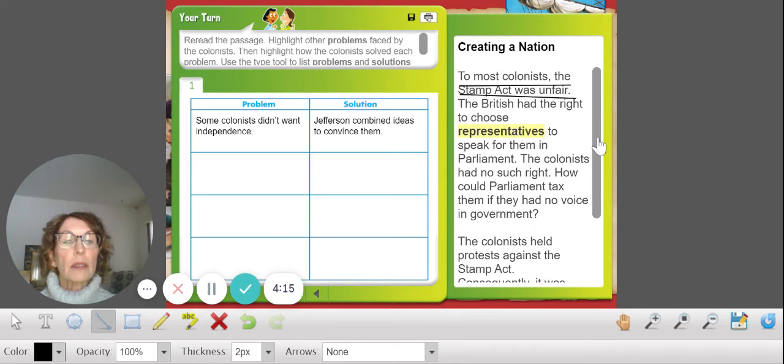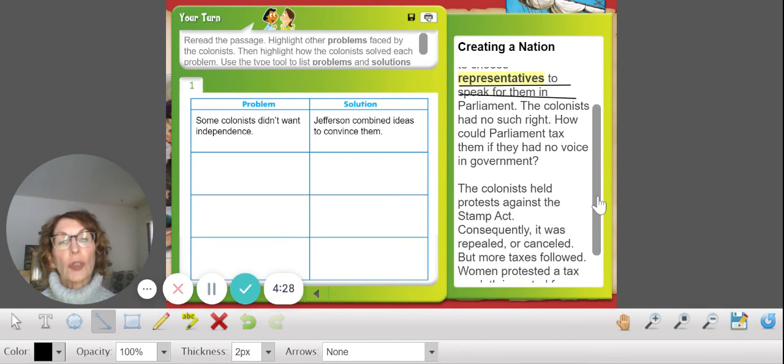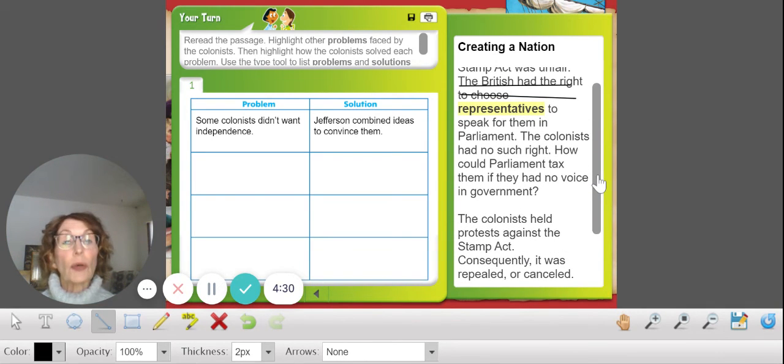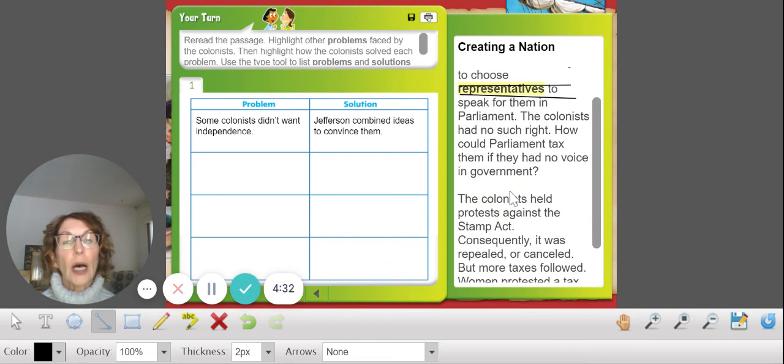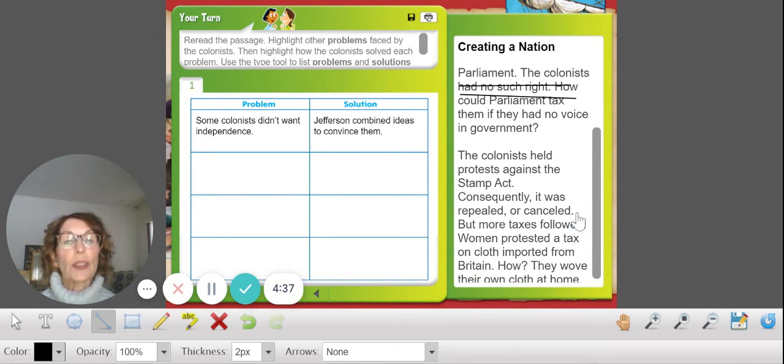So, next paragraph, because that was a problem for them, the colonists held a protest against the Stamp Act. Right? So that is how, and as a result of them having the protest, consequently, or as a result, the Stamp Act was repealed or canceled.